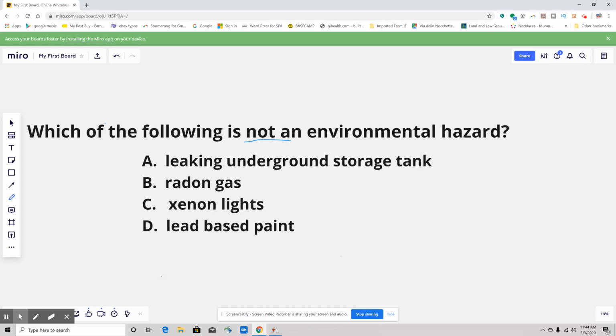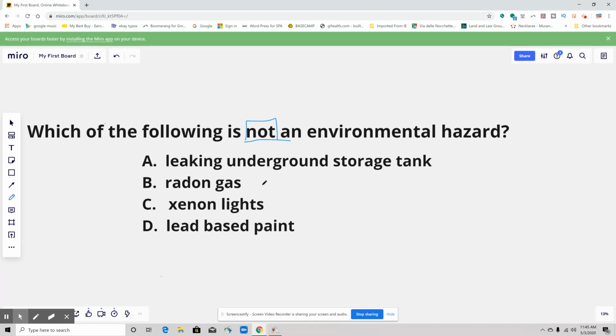They may not read the word that's going to give them an indication as to what it is they're looking for. So really rereading the question twice and slowly is going to be something that is going to help you out. So right now we're looking for something that is not or isn't an environmental hazard.